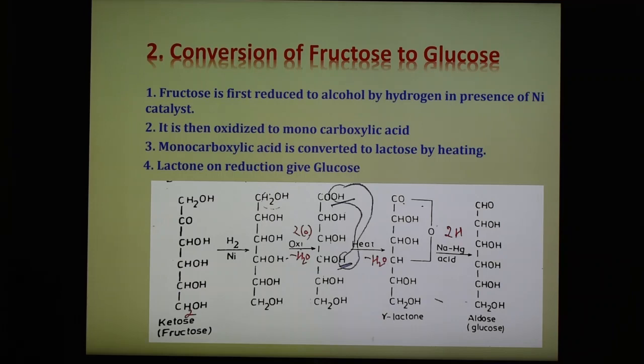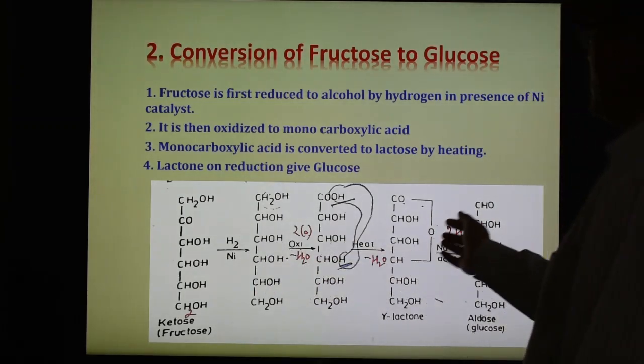In the second step it is oxidized to monocarboxylic acid, and in the third step the monocarboxylic acid is converted to the lactone by heating. In the fourth step the lactone on reduction by sodium amalgam in slightly acidic media gives glucose. So there are 4 steps in the conversion from fructose to glucose, shown here.